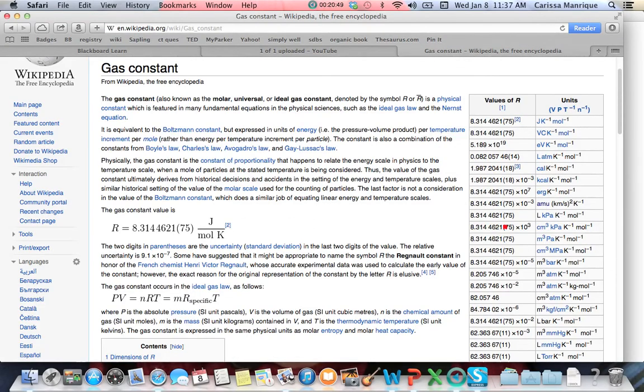You have to look up the one that has liter, mole, atmosphere. This one is joule Kelvin mole. That doesn't work. Keep going down. Here's one. You see liter atmosphere Kelvin mole. Those are the units I use, so that's the R value I use. Whatever units you use for your other numbers, that's the R value.